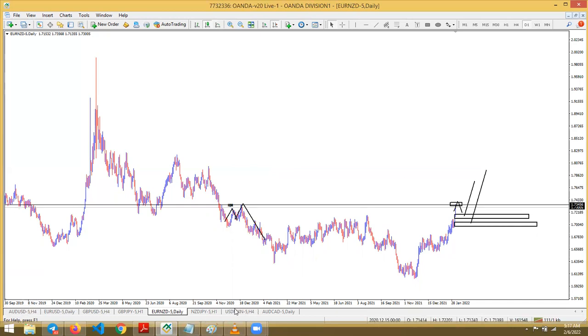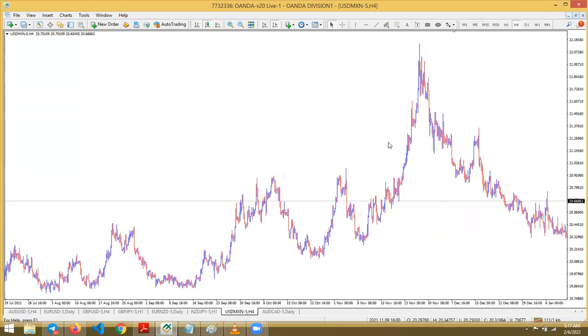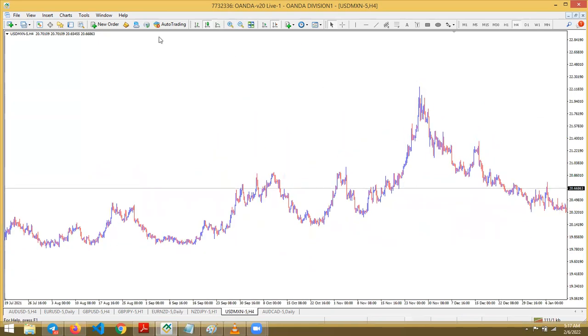Let me see US dollar MXN. I think, yeah, I think this is a perfect example. Okay, so notice price formed what we call a high, then it formed what we call a low.